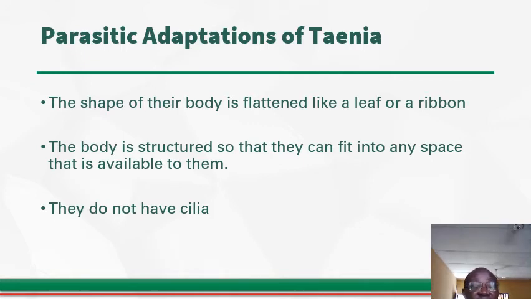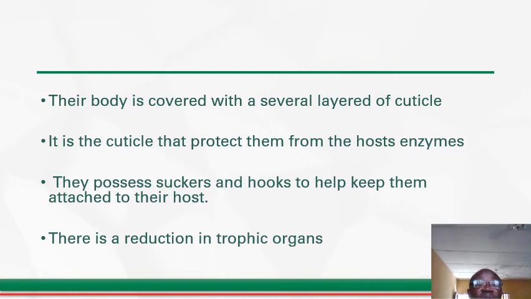They do not have cilia, an organ of locomotion. Their body is covered with several layers of cuticle, and it is this cuticle that protects them from the host enzymes. As I've mentioned before, the role of the cuticle is protection. It prevents their disintegration by the enzymes of the host.